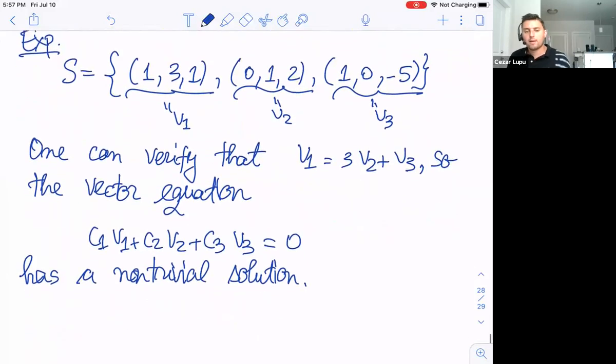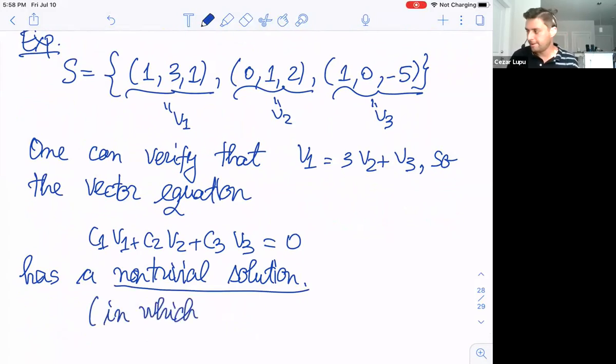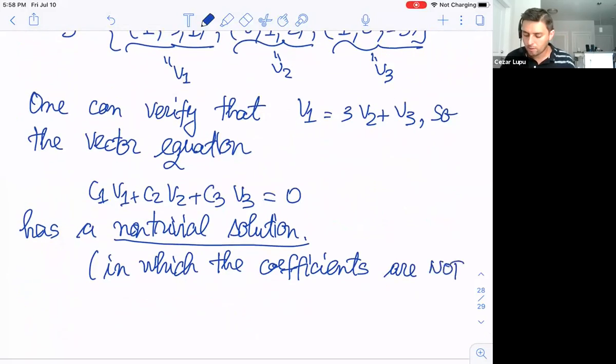I mean that it has a solution in which the coefficients are not all zeros.